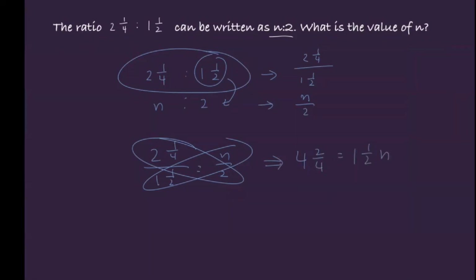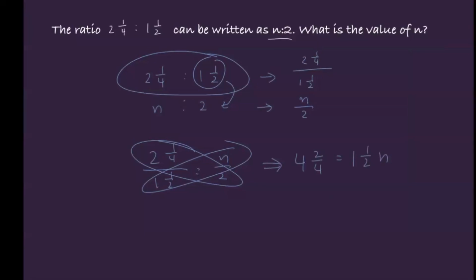We can put this into improper fractions, which gives you 18 over 4 equals 3 over 2 times n. Multiplying by 2 over 3 to get n by itself, we will get 6 over 2 equals n, and that is equal to 3. So n is equal to 3.